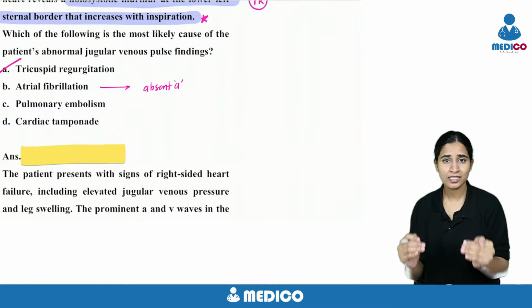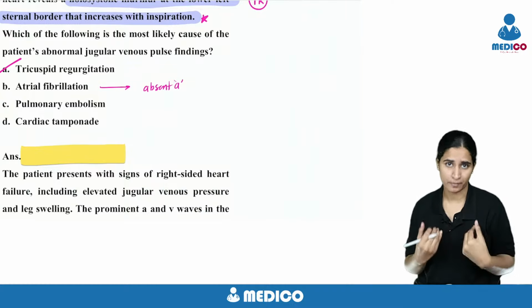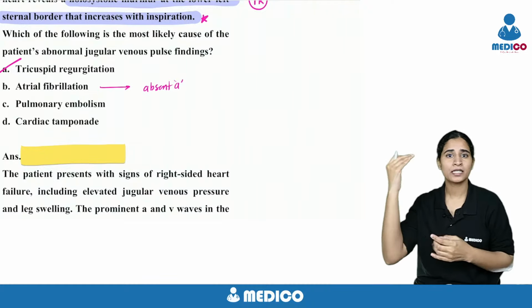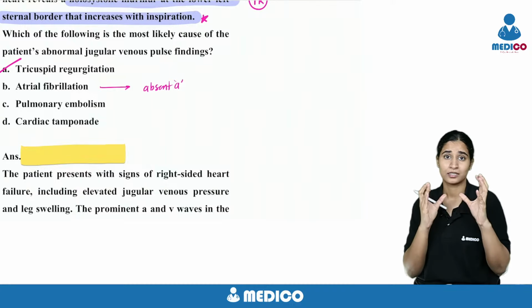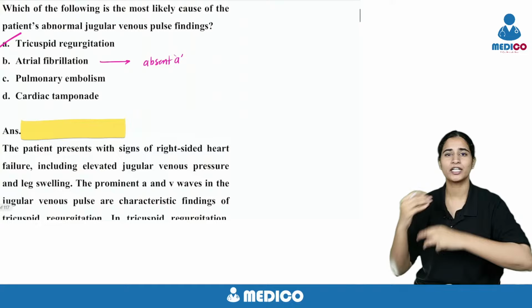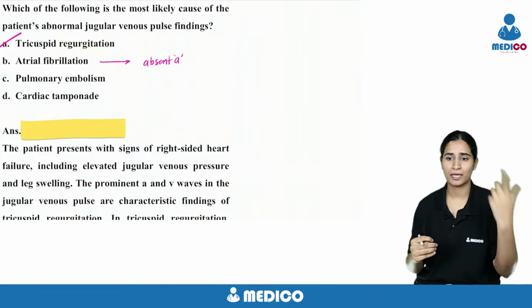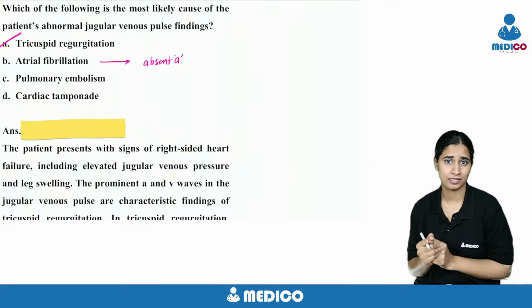So in the question, he's speaking about the positive waves. Most probably it's endocardial or myocardial disorders. And if he's speaking about the negative waves, it's most probably pericardial disorders. So just remember this point about JVP, because every time you cannot apply, okay, A wave absent in which condition, present in which condition, you cannot remember all those things in the exam.